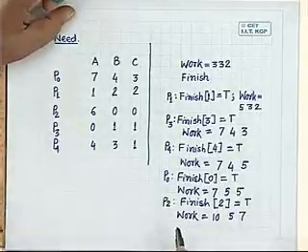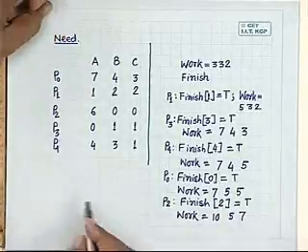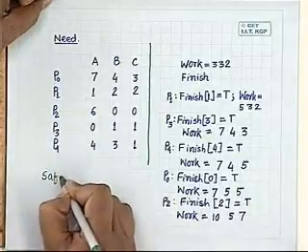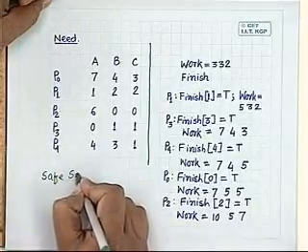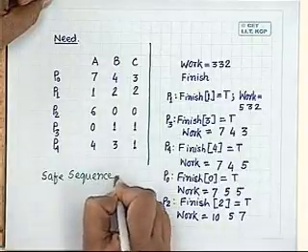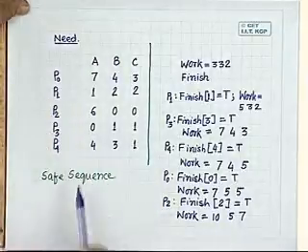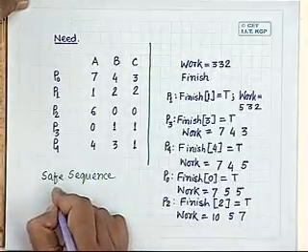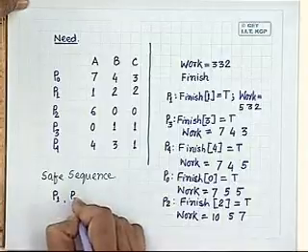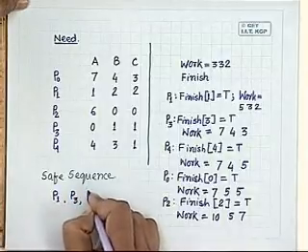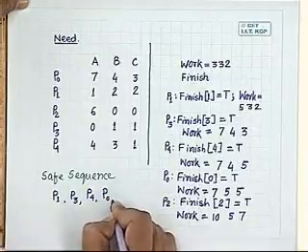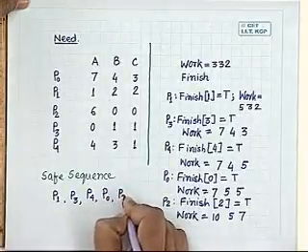So safe sequence for this state is P1, P3, P4, P0, and P2.